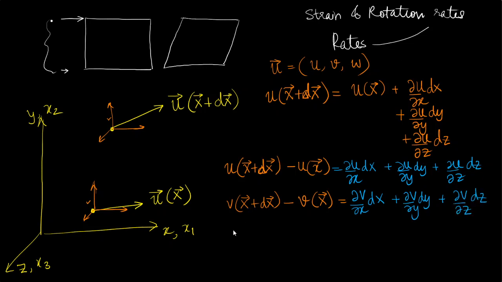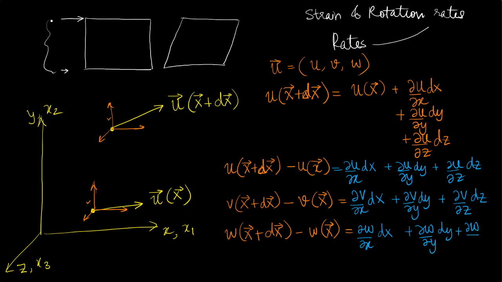And lastly, we can write down the w component of velocity at x plus dx minus w component at x as del w del x dx plus del w del y dy plus del w del z dz.